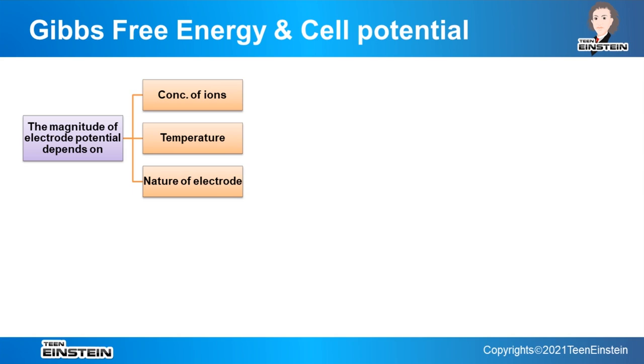But suppose the condition is not standard, then how will we get the electrode potential value? Because the magnitude of electrode potential is dependent on some factors. Temperature, which in the standard state we have fixed at 25 degrees centigrade, but it may not be so.